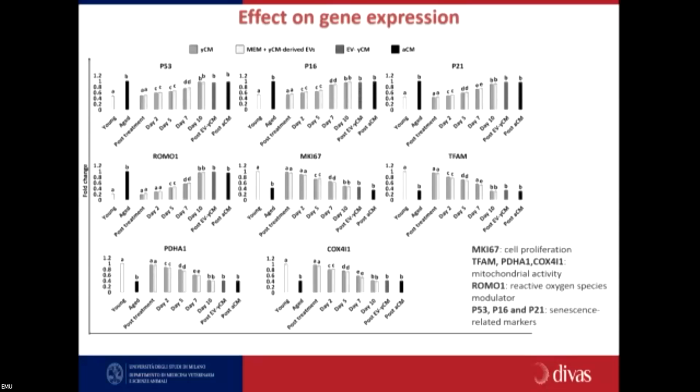an effect on gene expression, and in particular we focused on senescence-related markers such as P53, P16, and P21, where we have exactly the same situation as before. So after the treatment with EVs or with the young cell secretome, we have a reduction in these markers until day 11, when the situation is exactly comparable to the untreated cells.